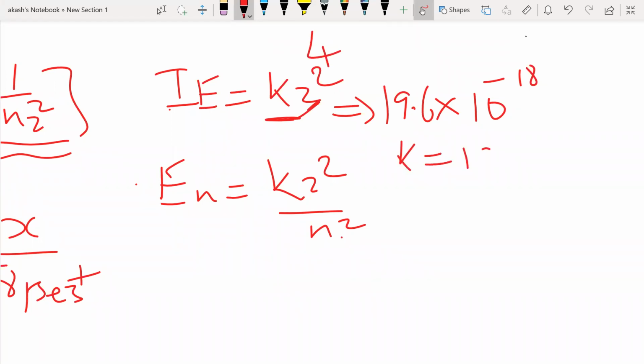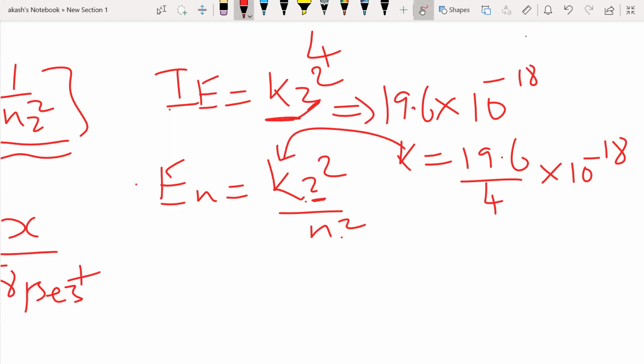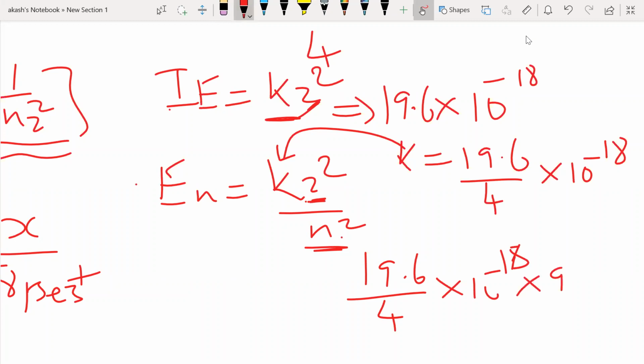So the k value will be 19.6 divided by 4 into 10 to the power minus 18. Now use this k value and change the Z value. Z is equal to 3 now, for Li2 plus and the first stationary orbit. So that will be 19.6 divided by 4 into 10 to the power minus 18, and Z squared for lithium will become 9. If you calculate, that would be the answer.